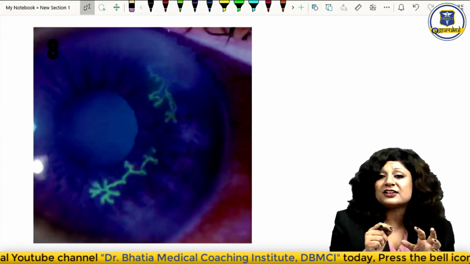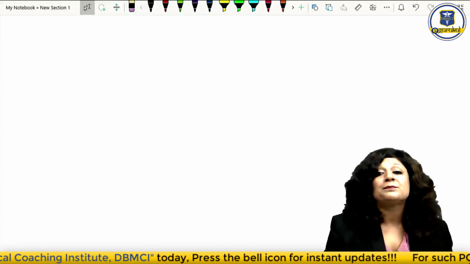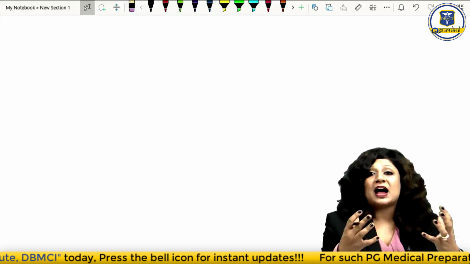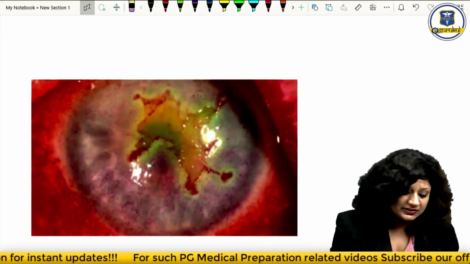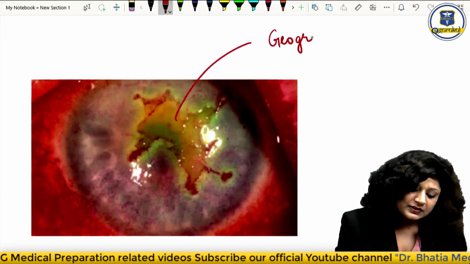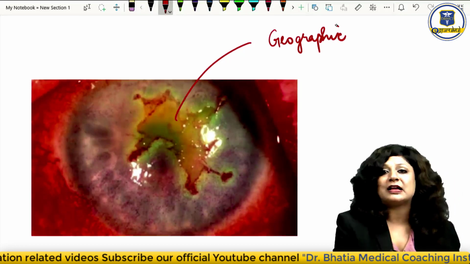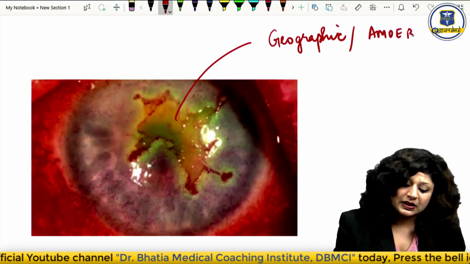Now, if you give steroids in this stage, it can hasten the formation of a large ulcer. This large ulcer is called a geographic ulcer, or it is also called an amoeboid ulcer.